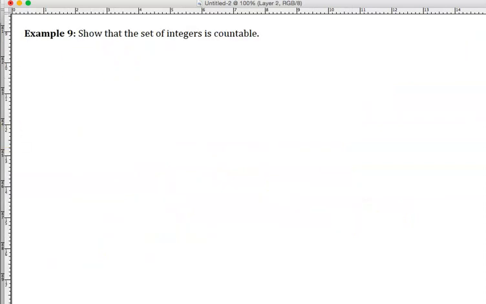So here's an example. Let's show that the set of integers is countable. Okay, so to show that the set of integers is countable, we need to show that it has the same cardinality as the set of positive integers.